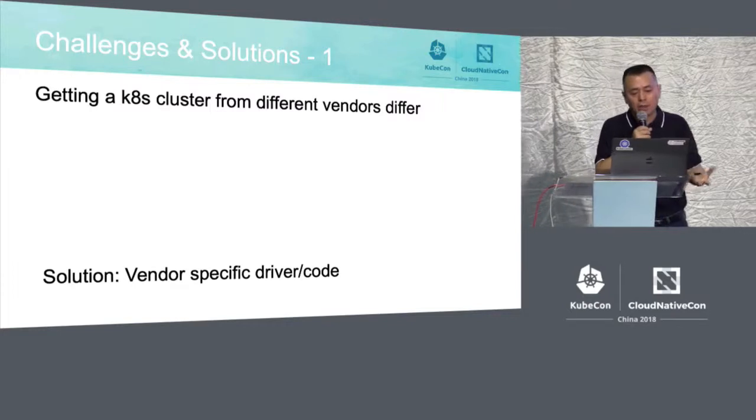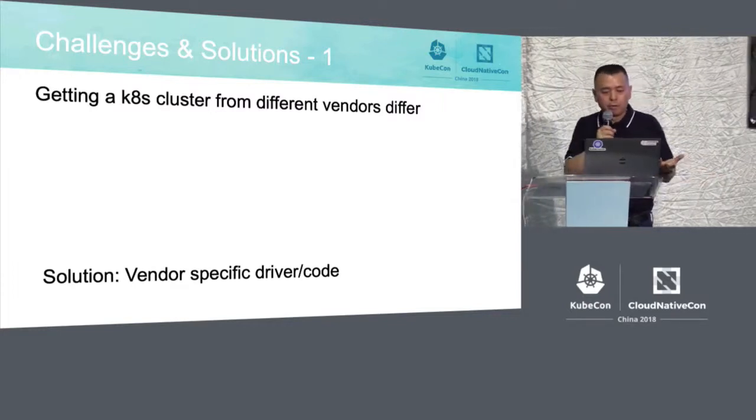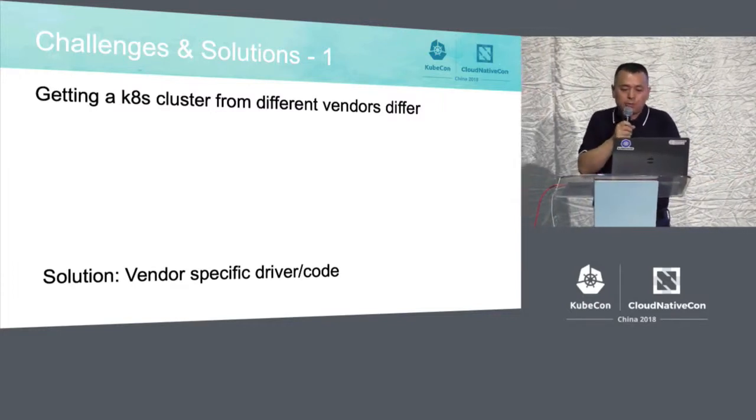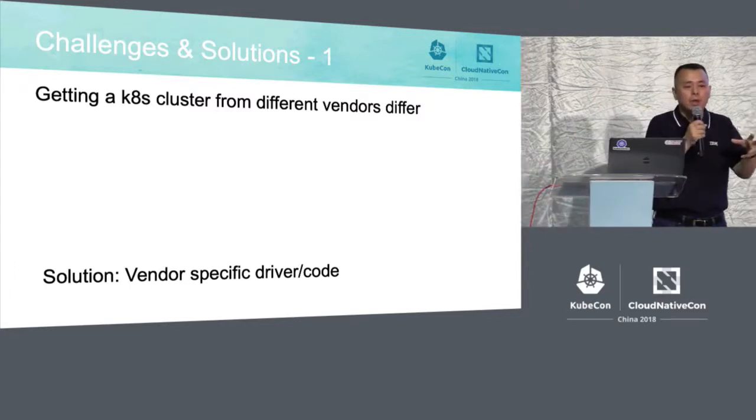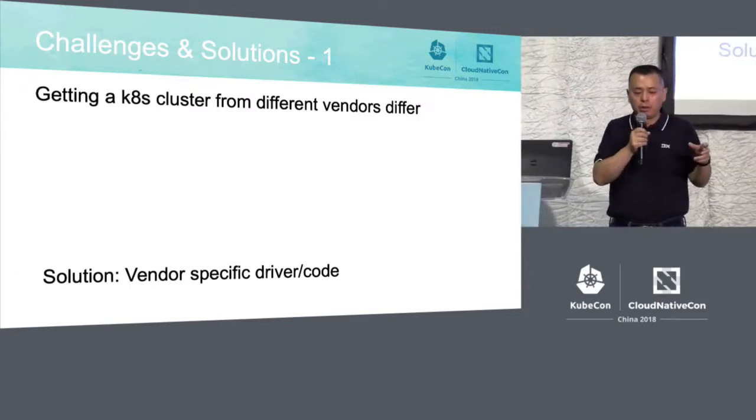Fifteen minutes later, you probably have a Kubernetes cluster. Some of the providers take a long time. So what I'm saying is, even getting the cluster is not that easy. And sometimes you have to write some vendor-specific code to get those things going.